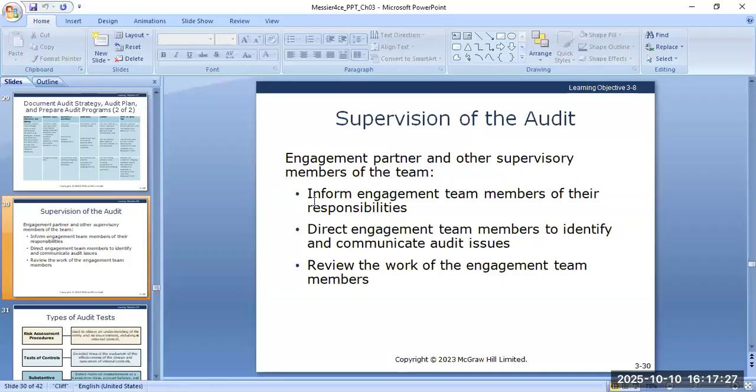The partner is not going to be the one who goes and does the counting at year end of the inventory or the property, plant, and equipment that assures the existence of those assets actually in place. But they're going to send the engagement team to make sure that everything is there. And if the engagement team finds some irregularities, they're going to report and communicate with the audit supervisors.